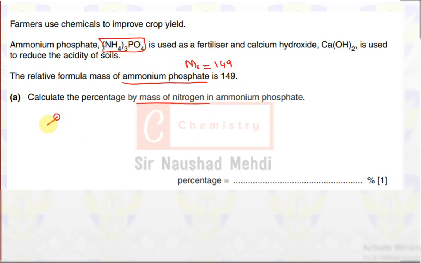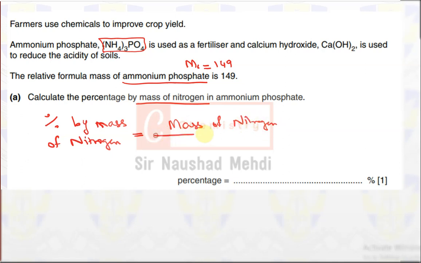You have to calculate the percentage by mass of nitrogen, which means you have to calculate the mass of nitrogen in this total compound.